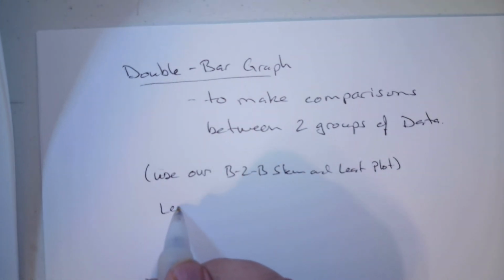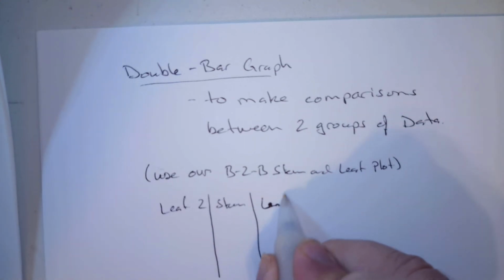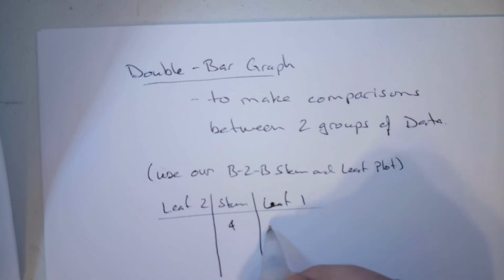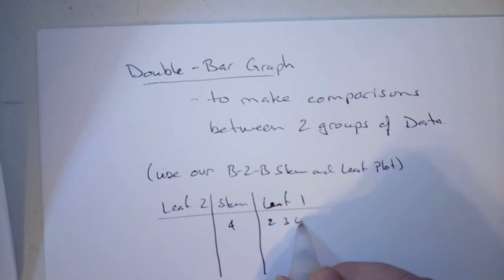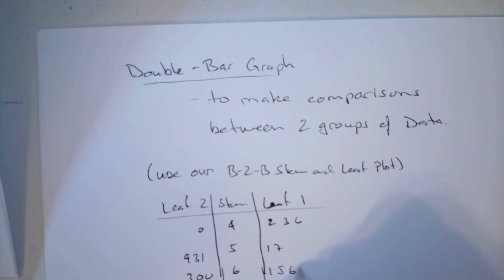So we had leaf 2, stem, leaf 1. Two, 3, 6, 0, 1, 7, 9, 3, 1, 3, 0, 0, 1, 5, 6, 7.